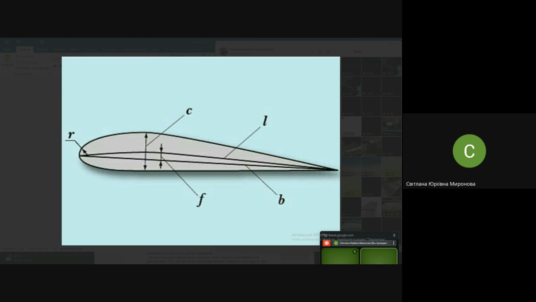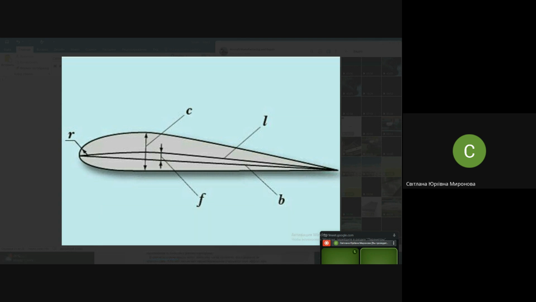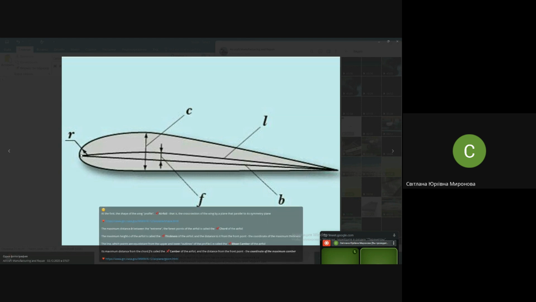Camber, this curvature: you see upper surface camber, lower surface camber, and there is so-called mean camber or curvature, and this mean camber is represented with the line which is at equal distance from the top surface to the bottom surface. Here is this line, I follow with the pointer right now. It's the so-called mean camber.